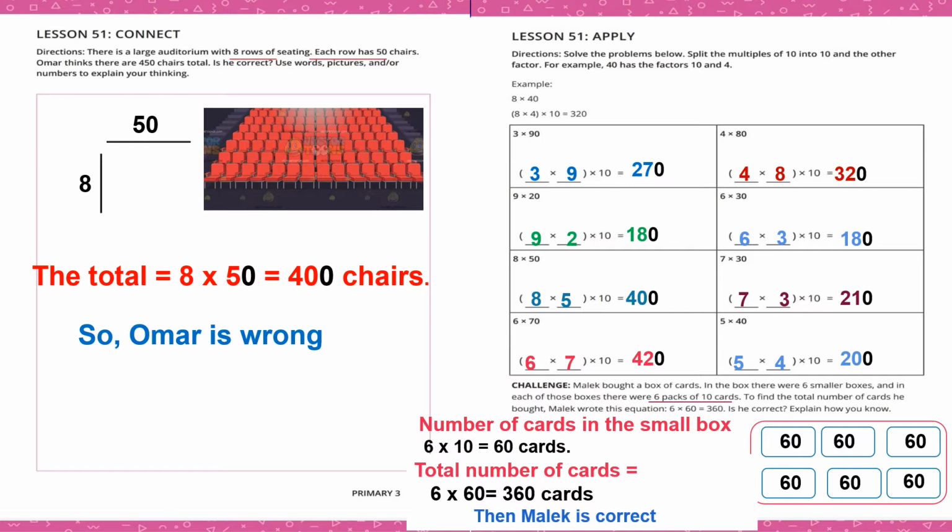So you can get it by using multiplication. 60 times 6 or 6 times 60, the same, equals 360 cards. So the total number of cards in the box, 6 times 60, equals 360 cards. Then Malik is correct.